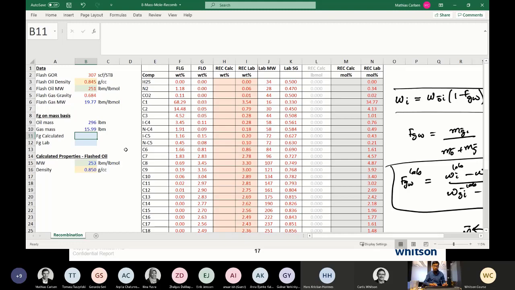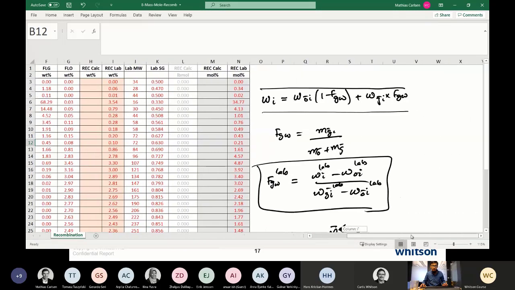That's just a direct equation, but here we are just decomposing that into its different constituents to make it more understandable. So that divided by the total mass.